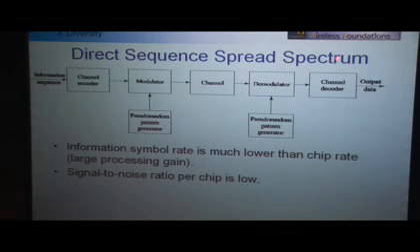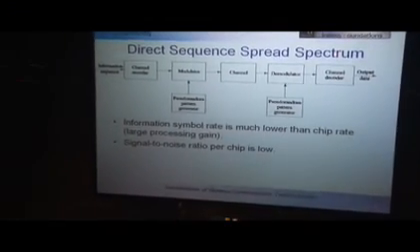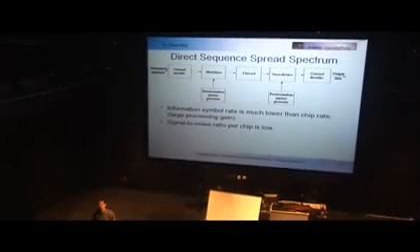You're multiplexing many, many users together. They're interfering with each other. So typically a number would be minus 15, minus 17 dB per chip. So essentially you're operating at a very low signal-to-noise ratio regime. Your data rate is very low. So this is the way to think about CDMA systems: low signal-to-interference-plus-noise ratio per chip, but very low data rate. And you basically use coding to get the information out, or signal processing, or both combined.